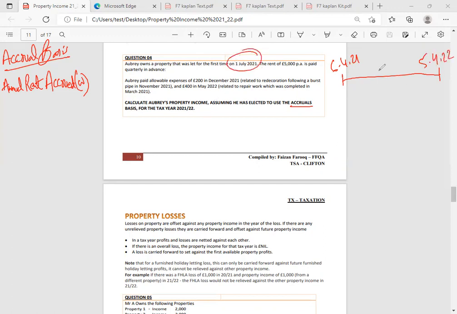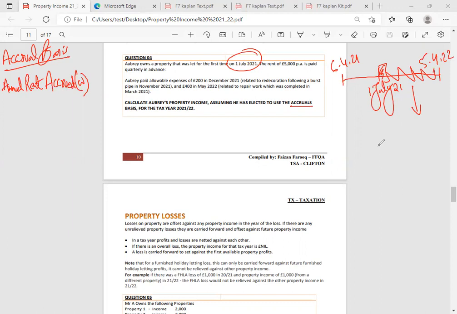So, which date was it rented out? How many months are in the tax year? 9 months.